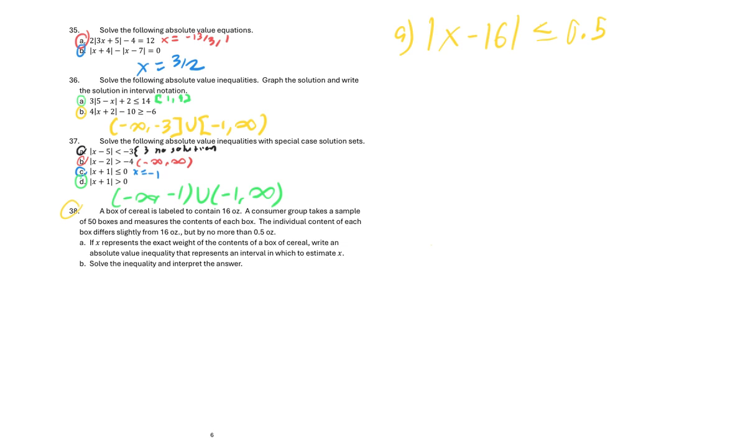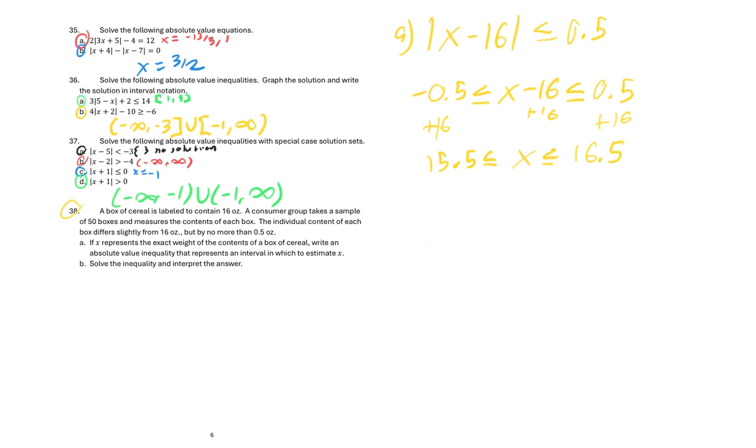So I've kind of been interpreting as we go, but this is also meaning that we can have negative 0.5 less than or equal to x minus 16, which is less than or equal to 0.5. What we're going to do is add 16 to both sides. So 15.5 less than or equal to x, which is less than or equal to 16.5.